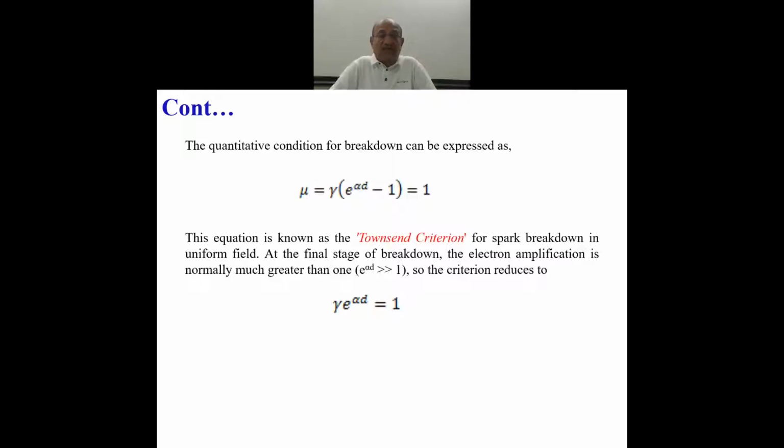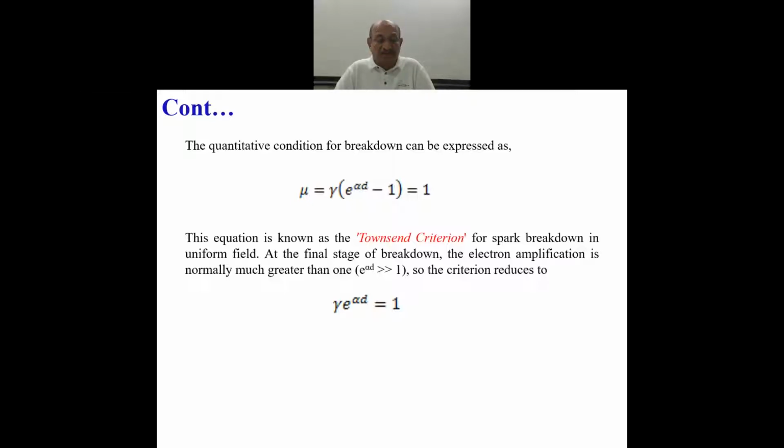It was by virtue of the hard work by the scientist Raether, I did mention, I think, in the last lecture, and he has given the exact definition of streamer breakdown mechanism.